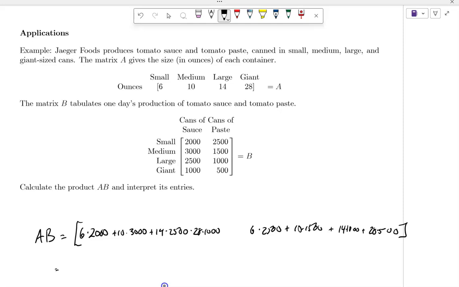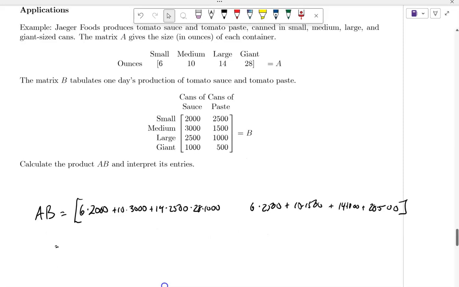Anybody happen to type those numbers in? Let's see, 12 and... I could do it in my head, I just don't really want to. I think it's 105,000.